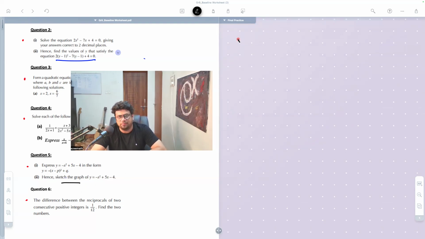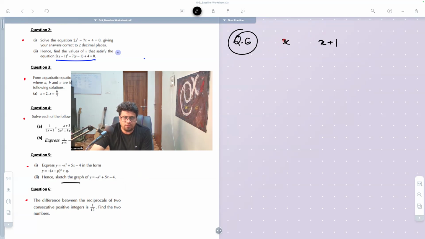We're looking at question number 6 now. Okay, there are two numbers. The difference between the reciprocals of two consecutive positive integers. Well, if I assume one of the positive integers to be x, obviously the one right next to it is going to be x plus 1.